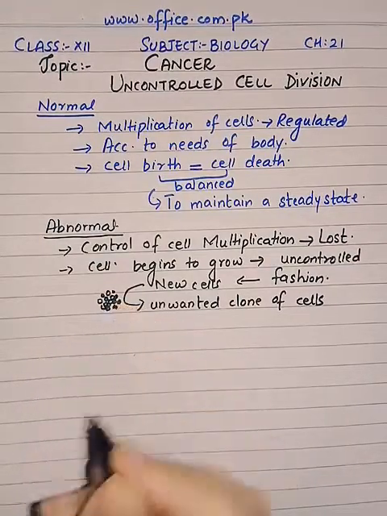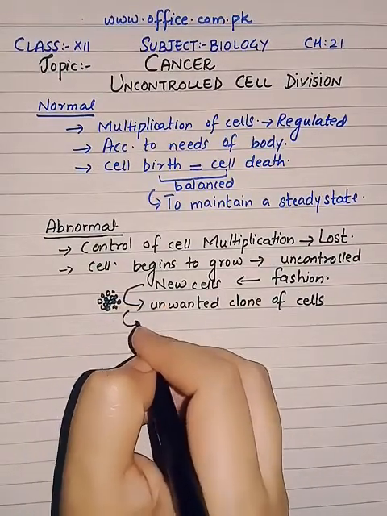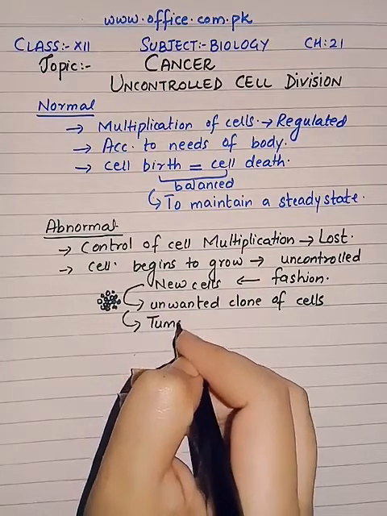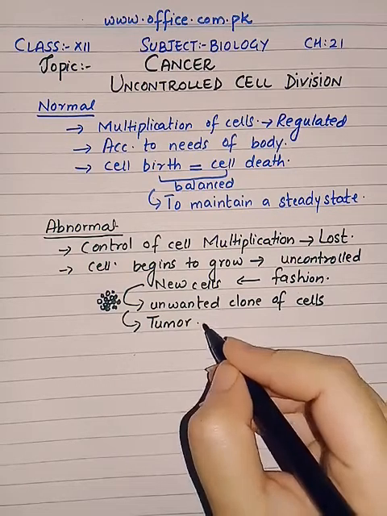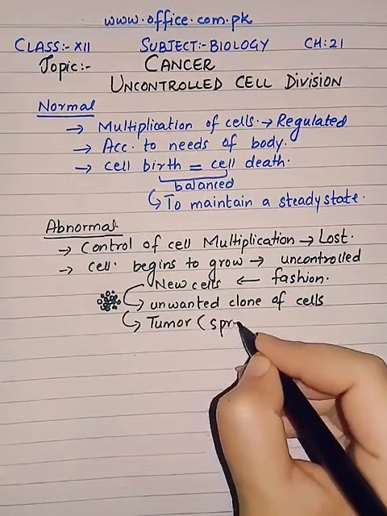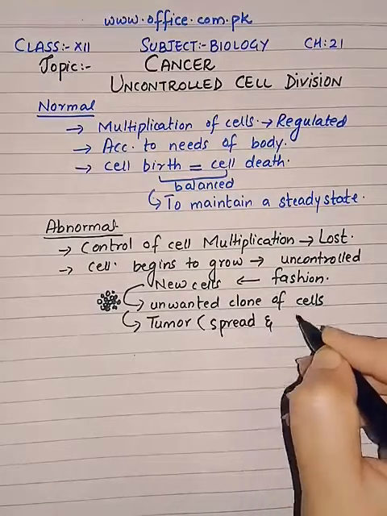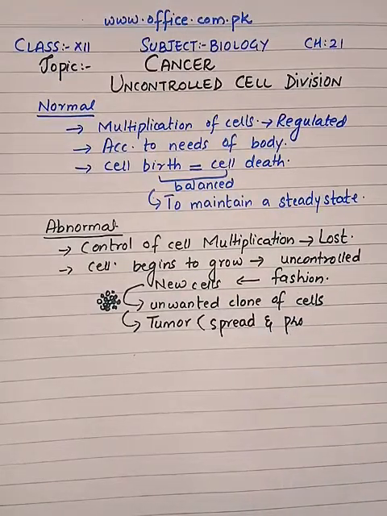The clone of rapidly dividing cells is formed, and this is known as a tumor. Now the tumor has the ability to expand to an indefinite level. The tumor has the ability to spread and proliferate. Proliferation basically means spreading to a dangerous level or to other organs or systems.